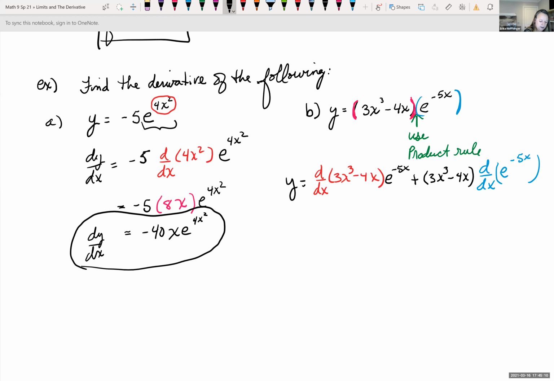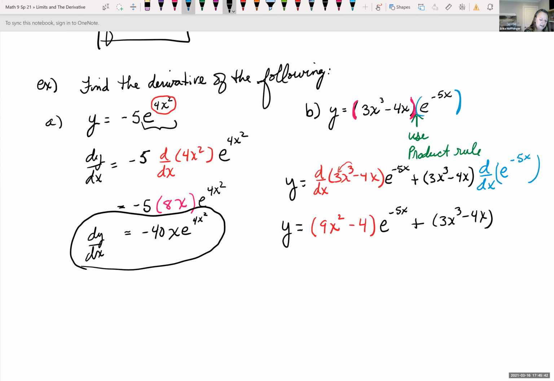Okay, so let's go in and take the derivative of the pieces that we need. Taking the derivative of 3x cubed minus 4x isn't too bad, right? So bring our power down front, 3 times 3 gives us 9x, subtract 1 from our power, so 2. Derivative of minus 4x is just minus 4, times e to the -5x, plus the first, 3x cubed minus 4x.